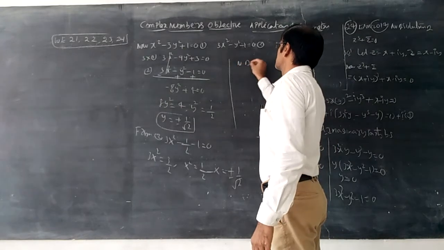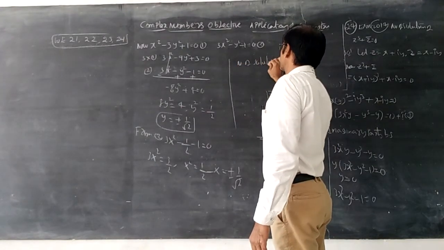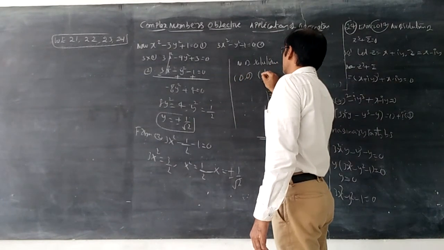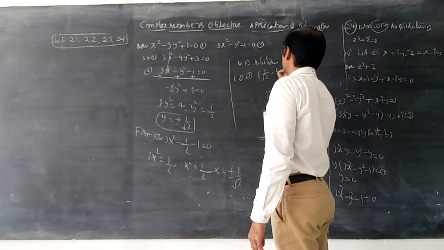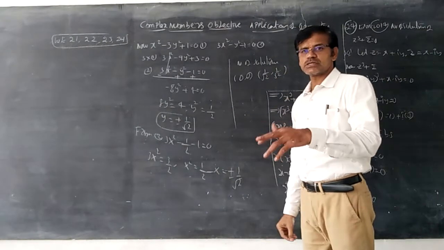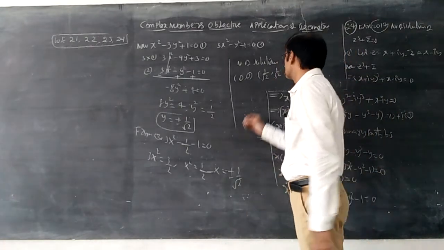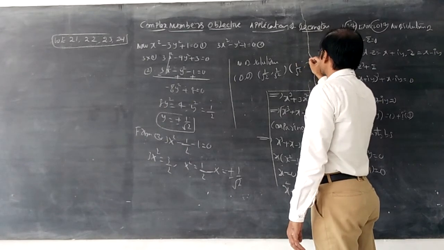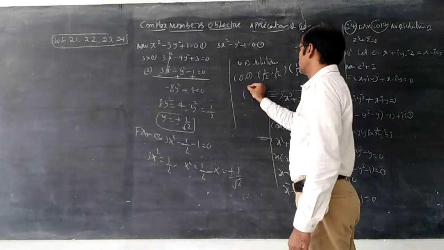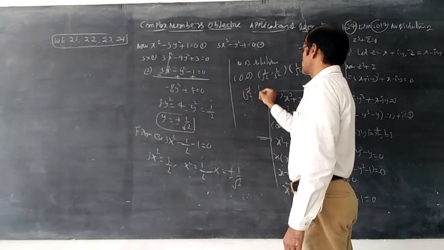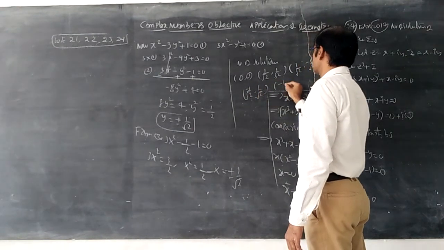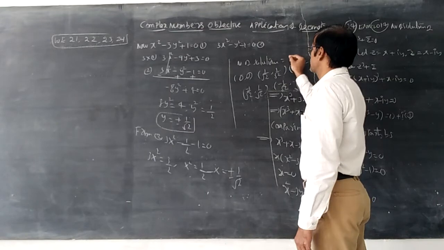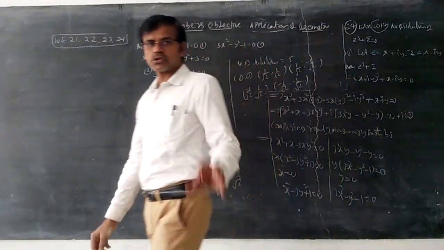First one is (0, 0). Second, we got plus or minus 1 by root 2, so all cases: plus plus, plus minus, minus plus, minus minus. So (1 by root 2, 1 by root 2), (1 by root 2, minus 1 by root 2), (minus 1 by root 2, 1 by root 2), and (minus 1 by root 2, minus 1 by root 2). So total how many solutions are there? 5 solutions. Total number of solutions is equal to 5.